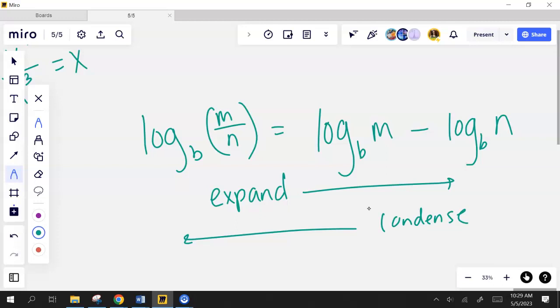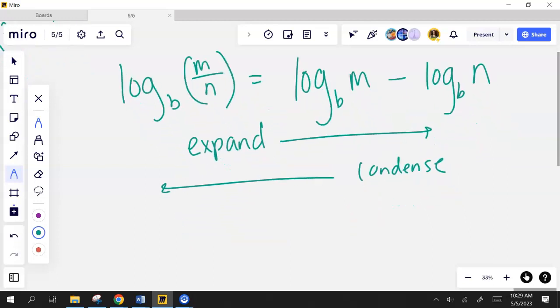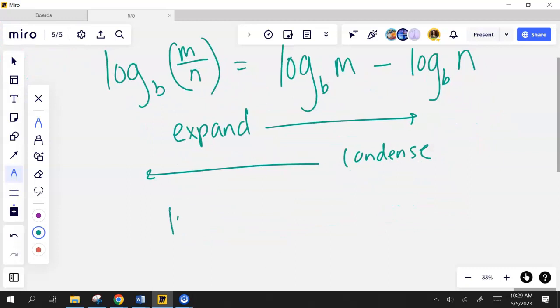Looking at the example there, it says to condense log base 4 of 84 minus log base 4 of 12. So what do you do? Divide them. 84 divided by 12.